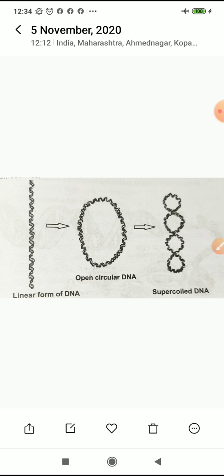Now, packaging of eukaryotic DNA into a set of chromosomes. In the case of prokaryotes, we have seen what happens here. Now, related with the packaging of DNA in the case of eukaryotes, where a particular set of chromosomes is formed.